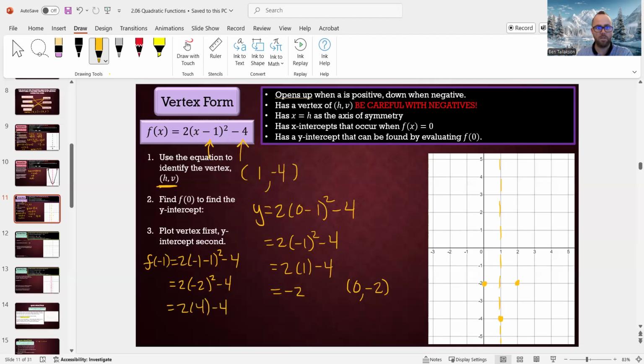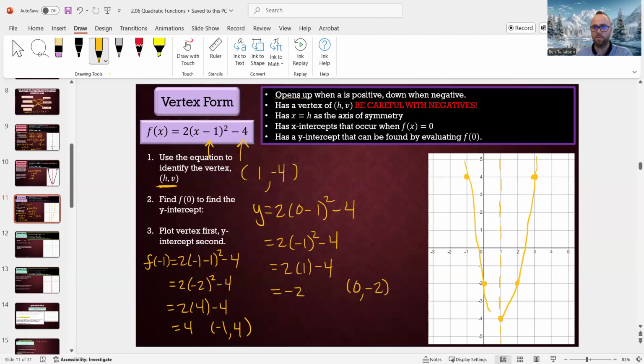I have 8 minus 4 is 4. So when x is -1, y is 4. -1, 4. Boom, way up there. Okay, this is 2 away from my axis of symmetry, so let's go 2 to the right and find another point. Isn't that nice? That axis of symmetry is a nice guy. Really helps us out, huh?